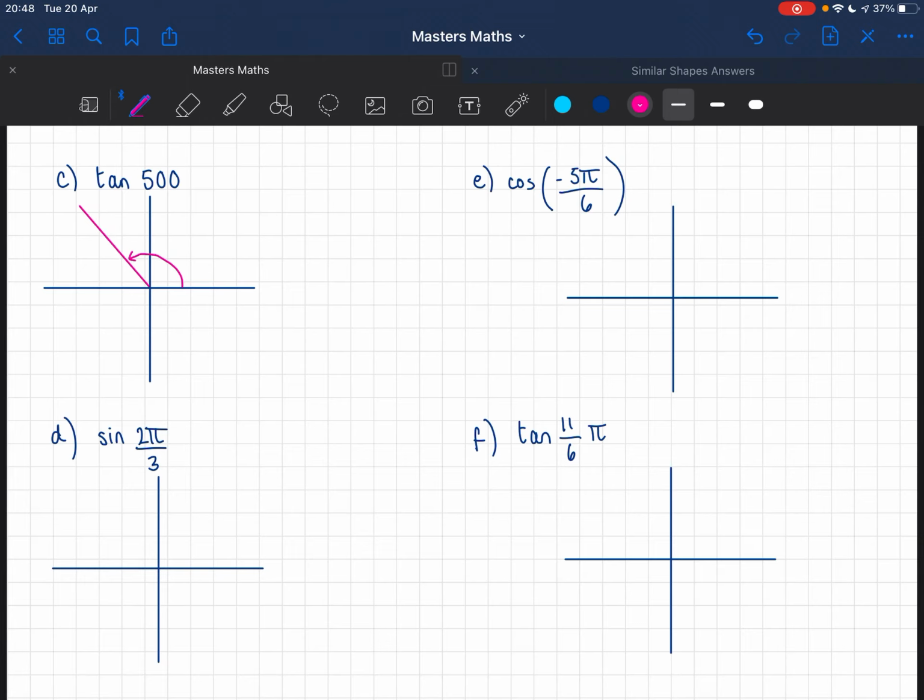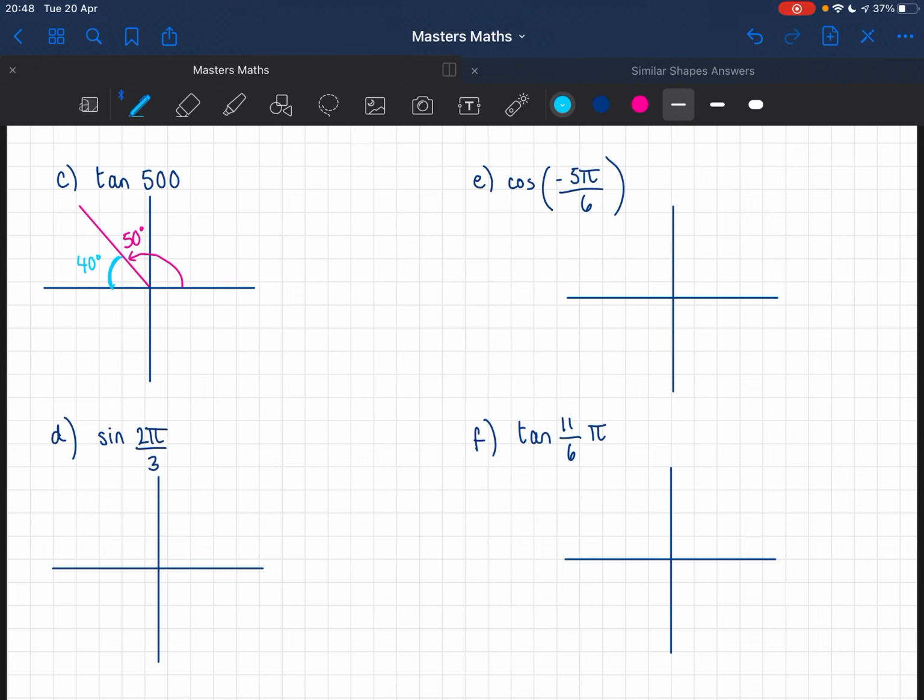Now again, we've got 90 degrees from the positive x-axis to the positive y-axis, which means we are left with 50 degrees here, meaning that the acute angle with the x-axis is 40 degrees.